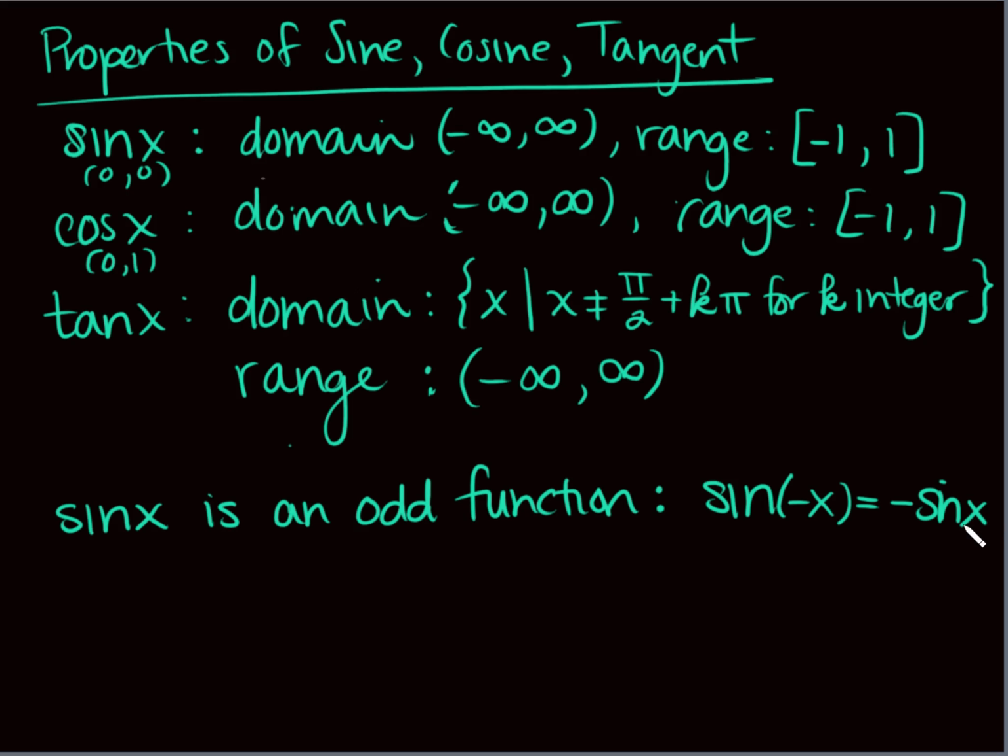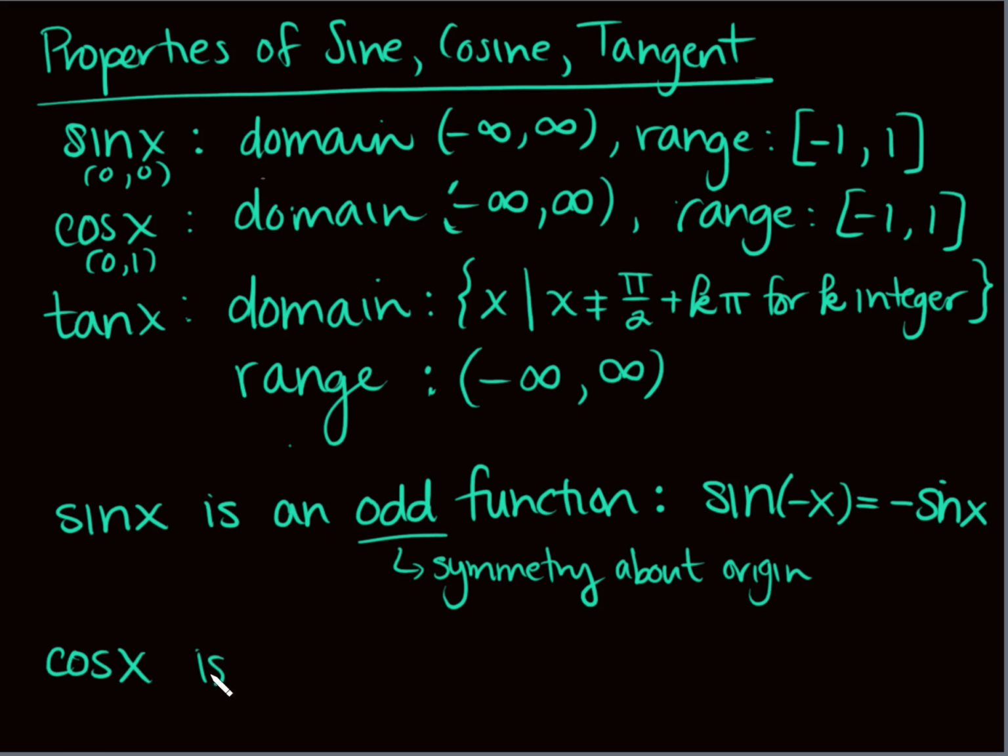So if I have the sine of pi over 3, and then I take the sine of a negative pi over 3, that is going to be the same as the negative of the sine of pi over 3. Basically, if I make my x values negative, then I get that same value, but negative y values. The other thing that odd means is that it has symmetry about the origin.